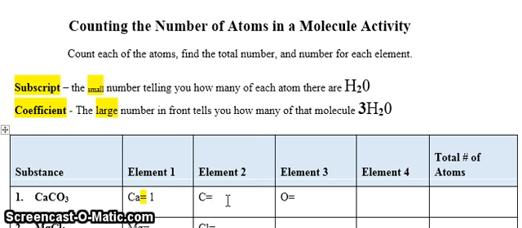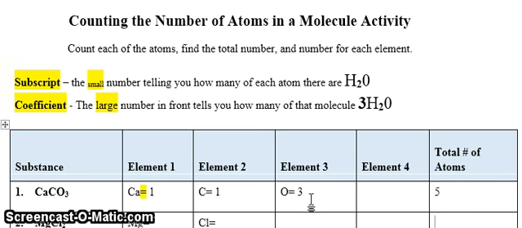Now if you look at C, there's also not a subscript written, so that would be a 1. We don't say Ca1, C1, O3, but when you don't see a subscript, that means there's a 1, and now there is a subscript for the O, and there would be a 3. Now there's no element 4 in this substance, there's only 3 elements, and for the total you just add them up. So take out your calculator or your fingers and go 1 plus 1 plus 3, total is 5.